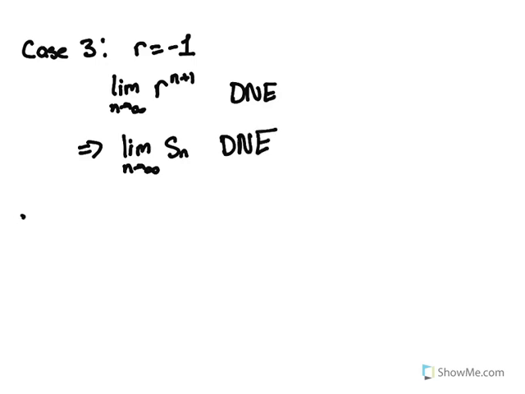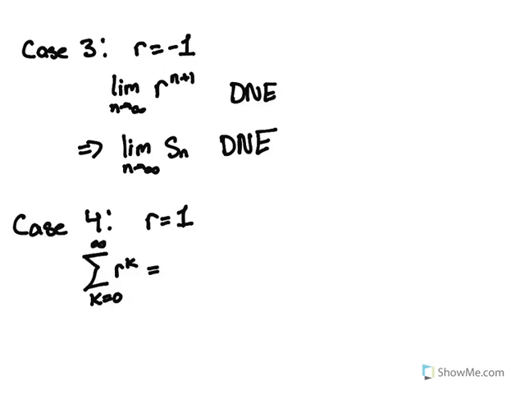And finally, the last case, r equals positive 1. This case is simple because the series of r to the k from k equals 0 to infinity is simply 1 to the k, which is equal to 1 for all k. So this is 1 plus 1 plus 1, and so on.